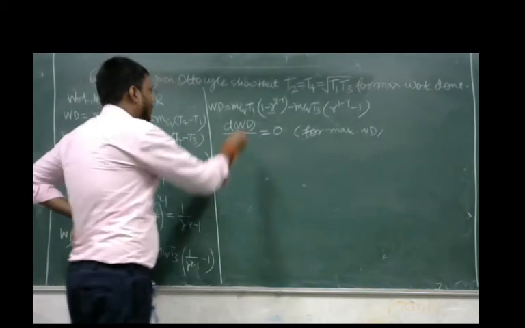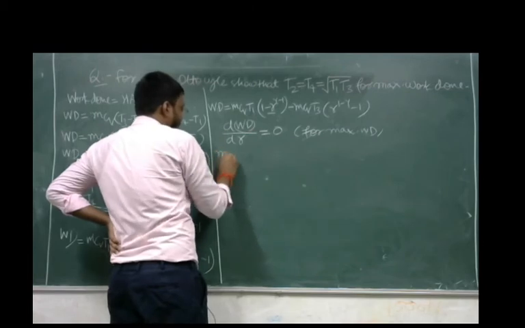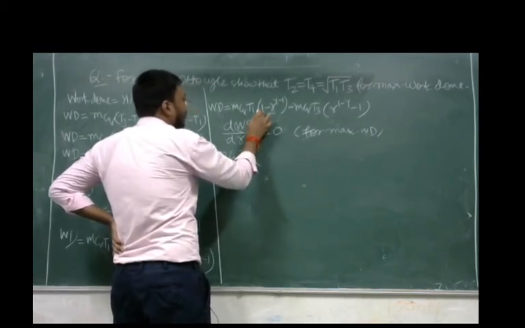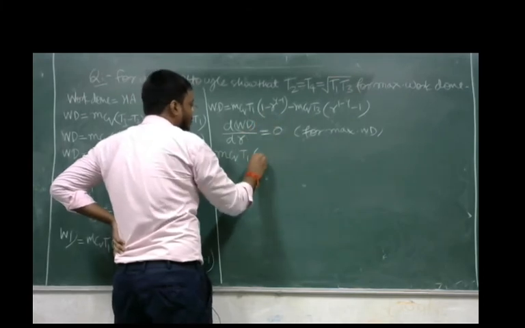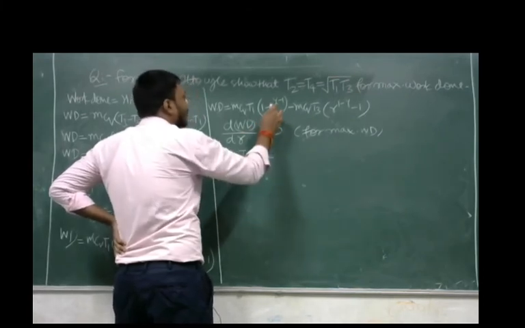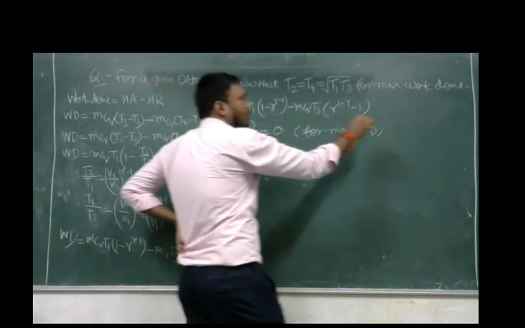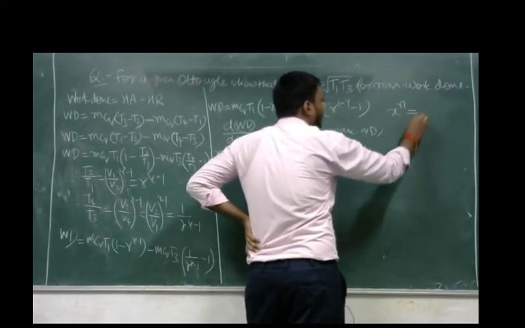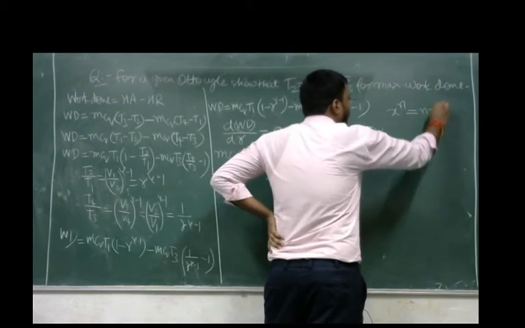You will get mCv T1, and differentiation of 1 is 0, minus, using x to the power n: when you differentiate x to the power n, you get n x to the power n minus 1.